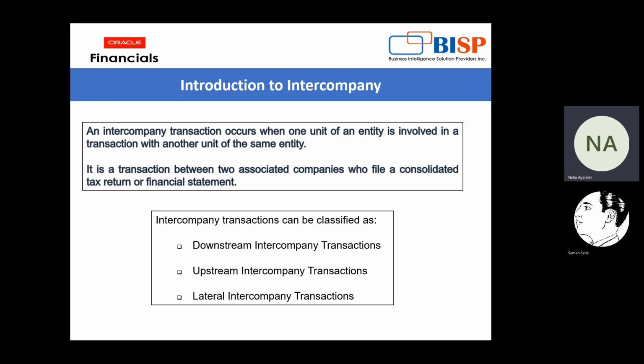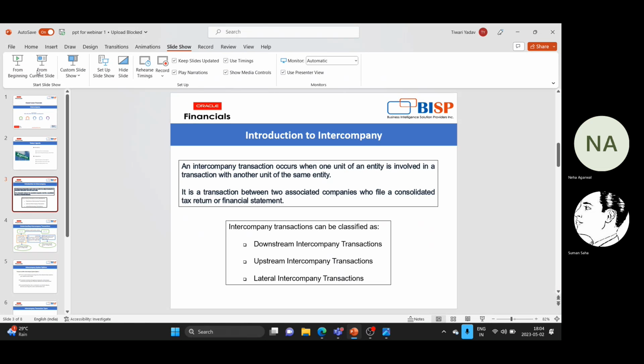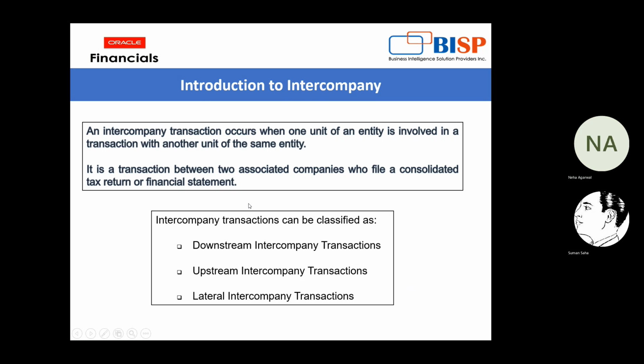Now we'll understand why these transactions occur. While these transactions can occur for a variety of reasons, they often occur as a result of normal business relationship that exists between the units of an entity.